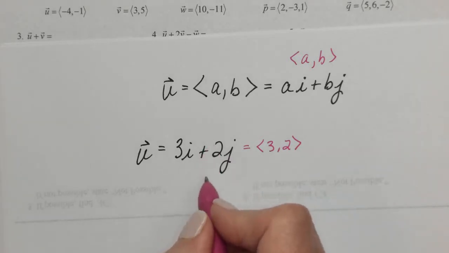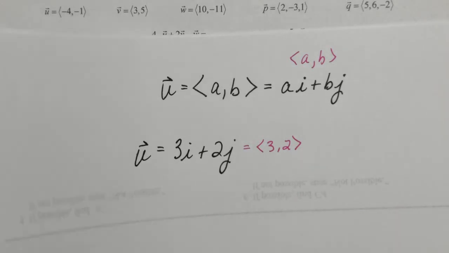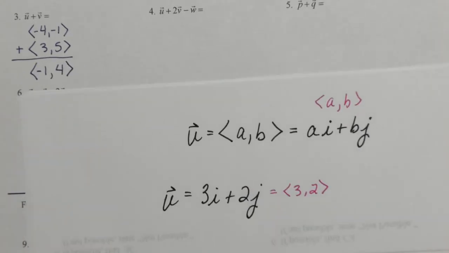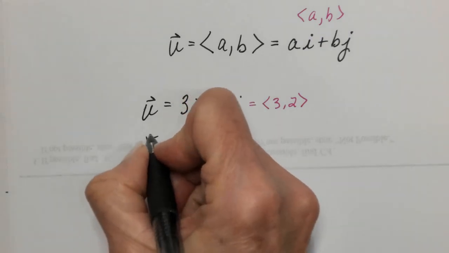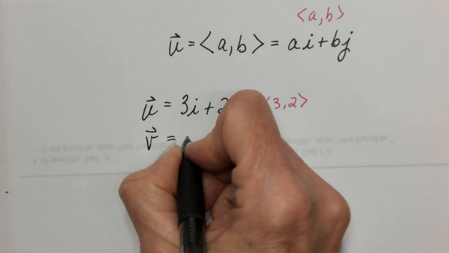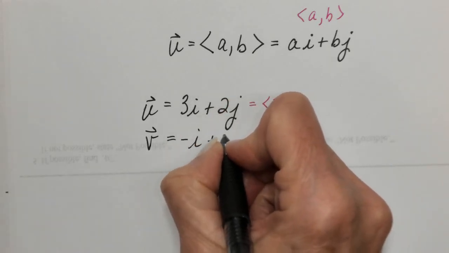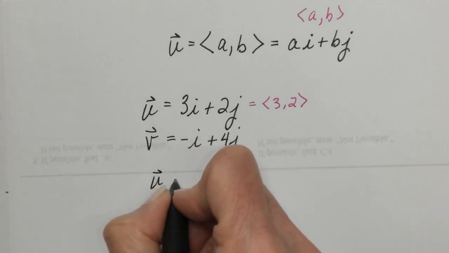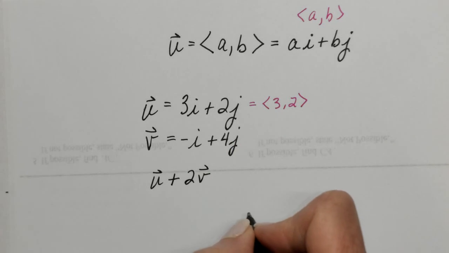This form is convenient for some things that we do with vectors. So in this one, let's say that I give you that u is 3i plus 2j, and let's say I give you that v is negative i plus 4j. Well, we can add, we could find u plus 2v.